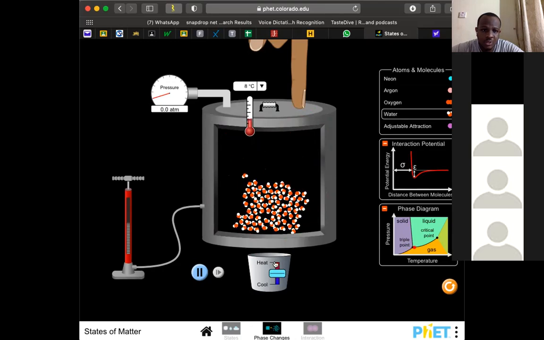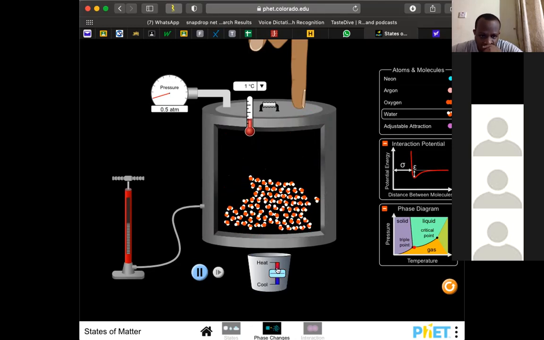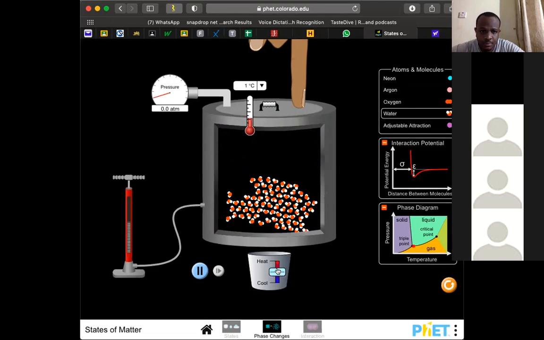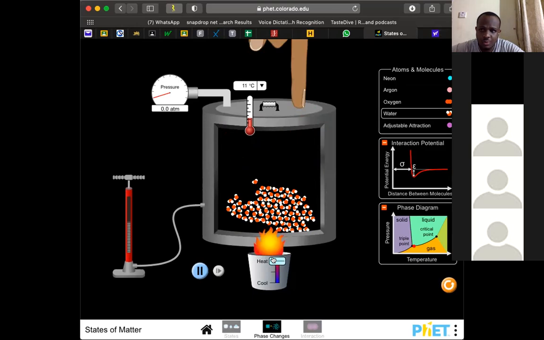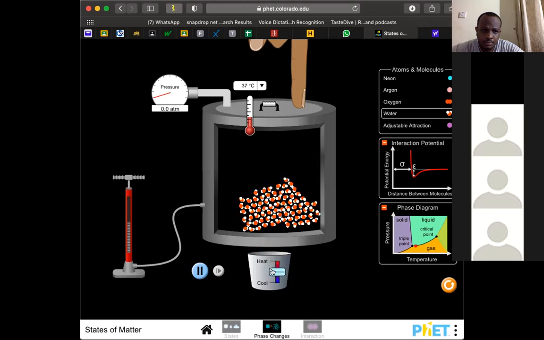All right. So these are some water particles. At about 1 degree Celsius, when we increase the temperature, what do you see happening with the particles? The particles gain more energy and they spread apart. Right, so the particles begin to spread apart more, and they move vigorously as well, right?